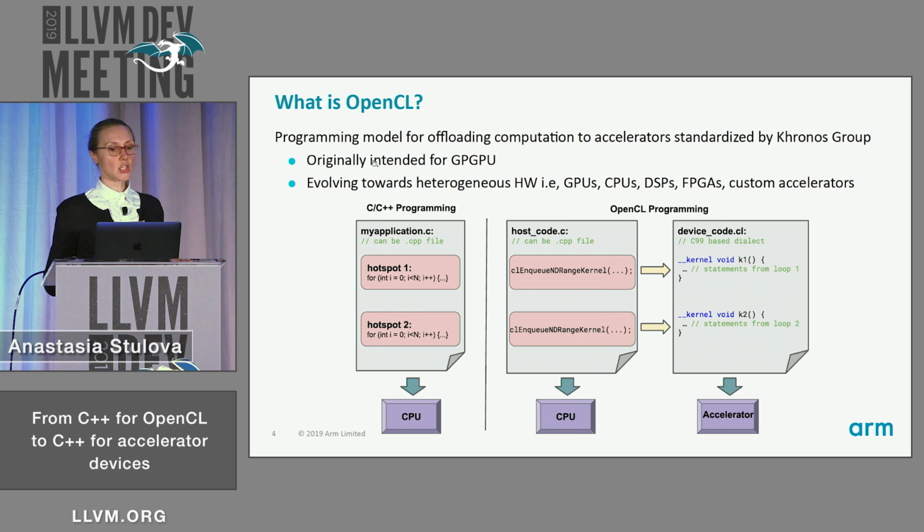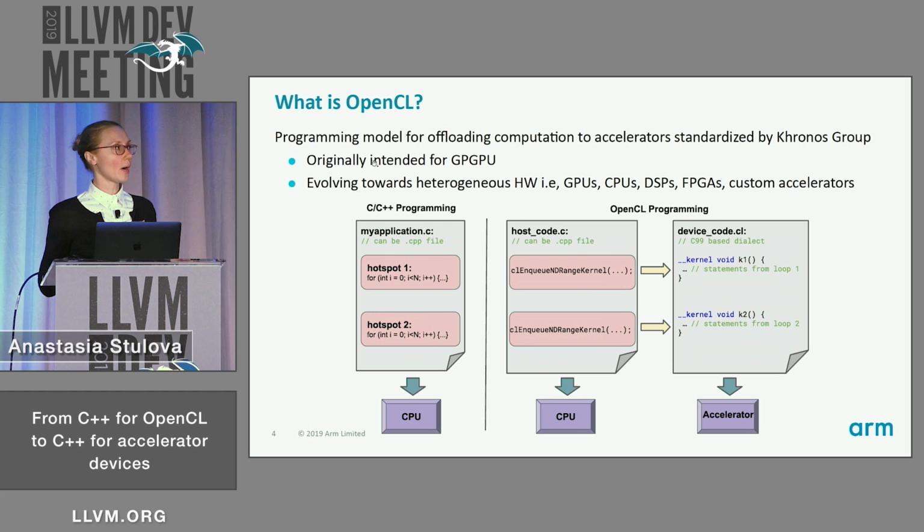So the original application will still run on the CPU, and it is called the host in OpenCL terminology. And what you are going to send to a more compute-capable device to execute faster is going to be called the device side.